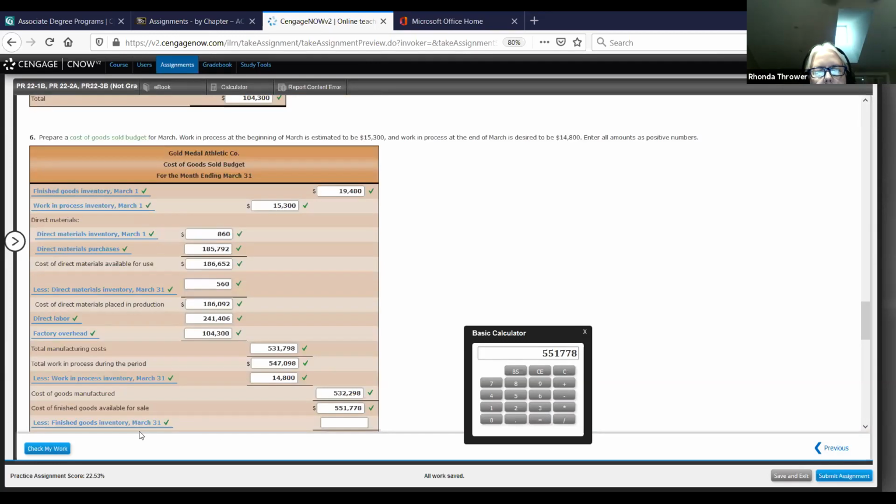All right, the next thing we need is our finished goods inventory. I've got an Excel spreadsheet that's got that calculated on it. So let's go back to the same spreadsheet I was sharing with you before.